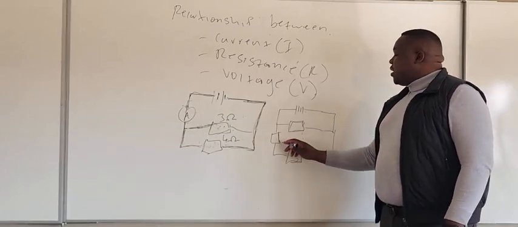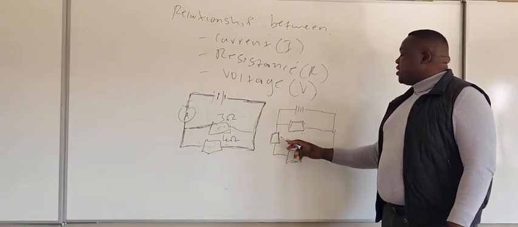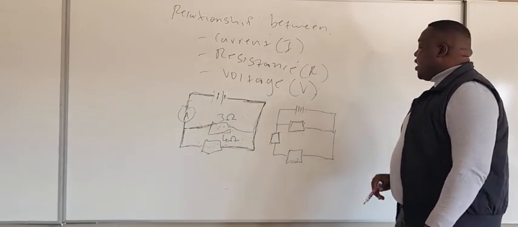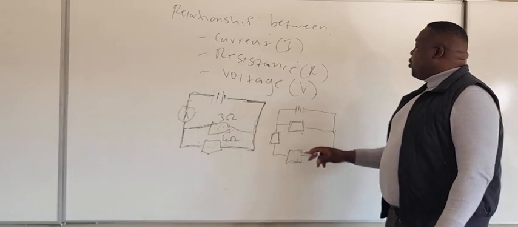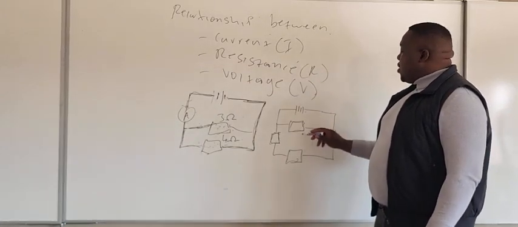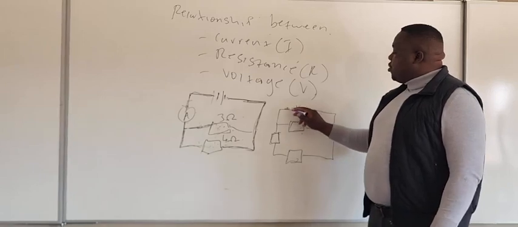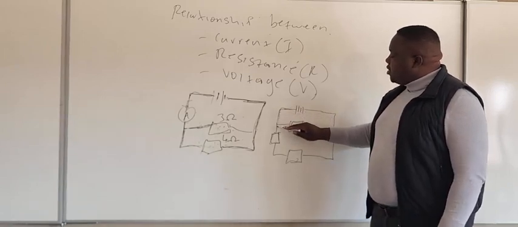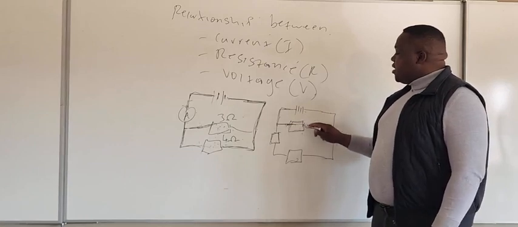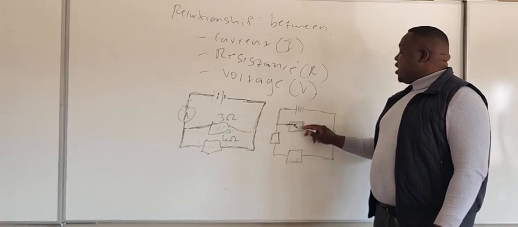This resistor, you can see that it is in between them. But let us check which cable this resistor is connected to. We have a cable which moves in that direction, then goes down, makes a turn here, and connects to this resistor. Then look at the cable.